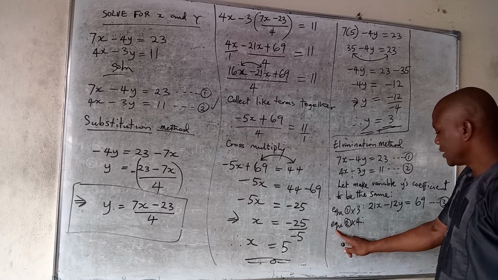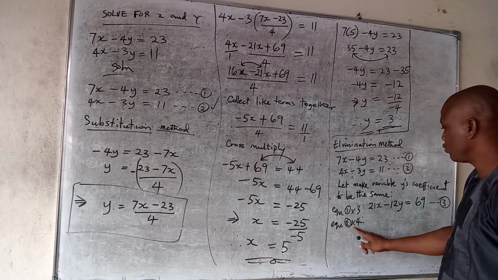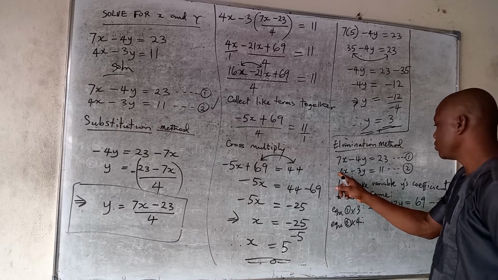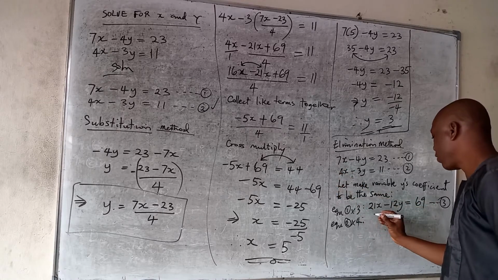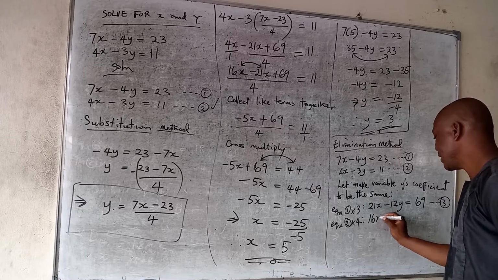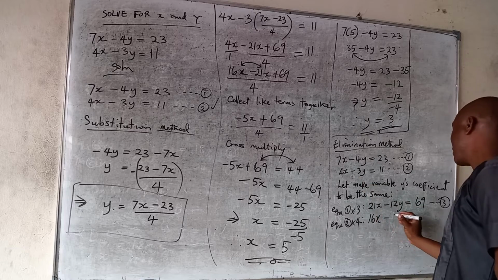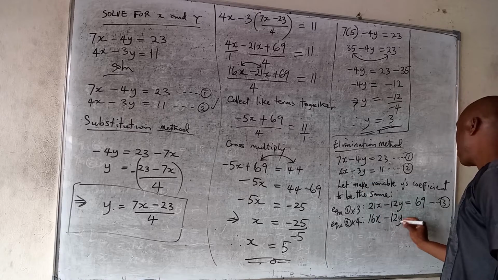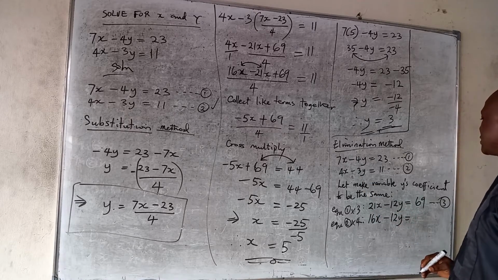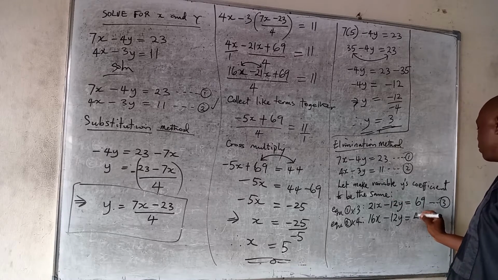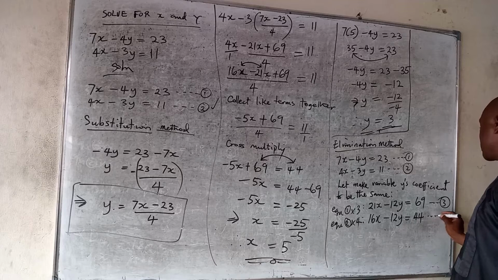Then multiplying equation 2 by 4 will give 4 times 4 will be 16x minus 4 times 3y will be 12y, which is the same as 4 times 11 will be 44. Call this equation 4.